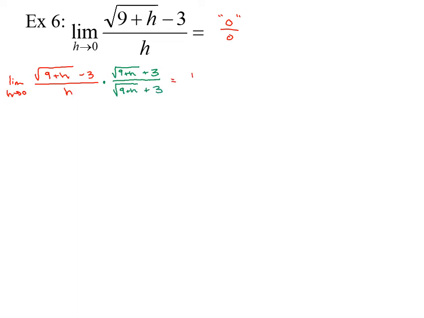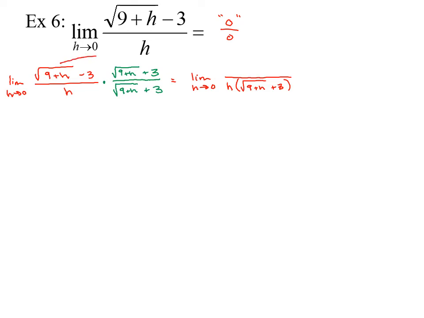So when I do that, this now becomes the limit as h goes to 0. Now the bottom, remember the bottom's not the problem. I'm going to leave this as h times the square root of 9 plus h plus 3. It's the top. Now the good thing is that if you try to multiply all of this out, since this is a factored form of a difference of squares now, you can simplify it when you multiply it together.